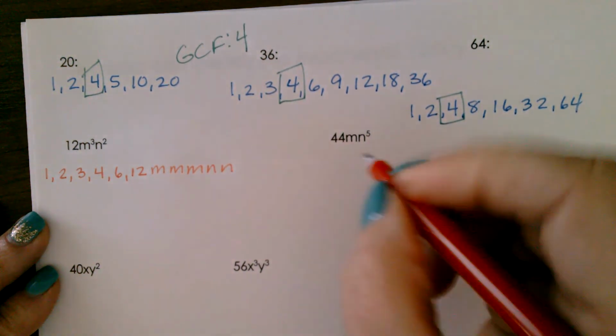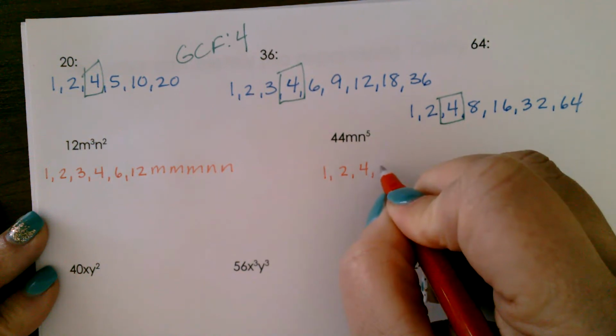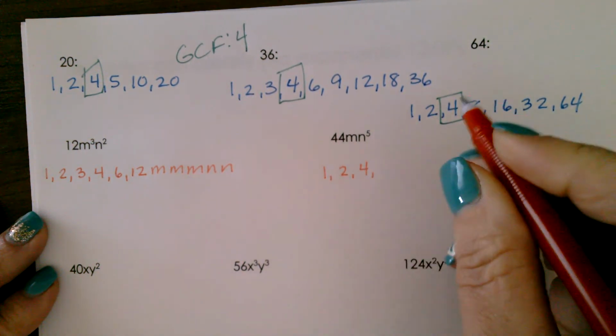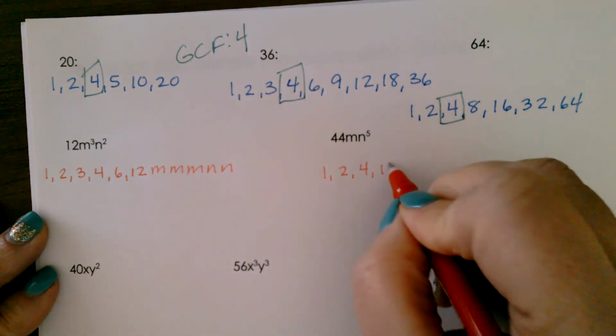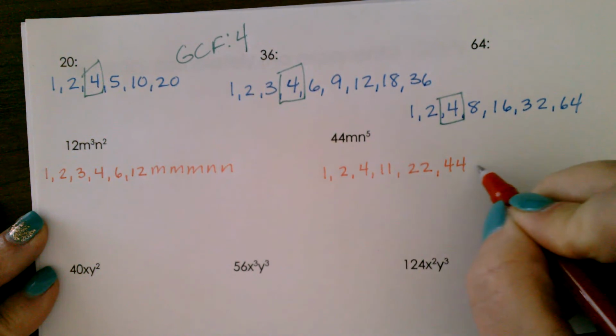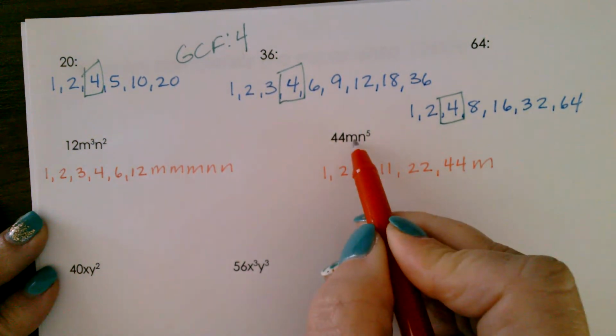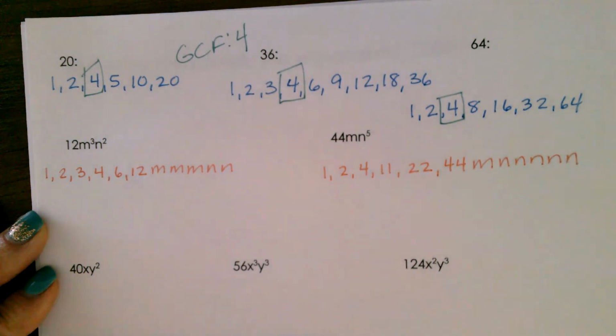Now I will list all of the factors of 44. And I have 1, 2, 4, 11, 22, 44. I have 1 M to the first, and then I need 5 N's.